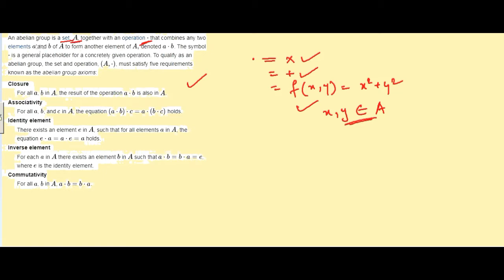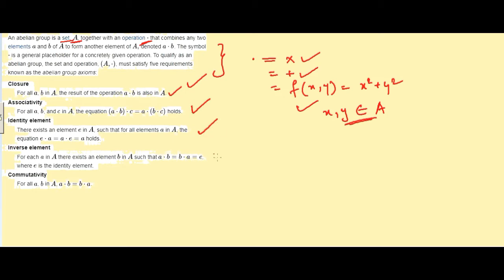So abelian group is a set together with an operation, such that it should satisfy these 5 properties.